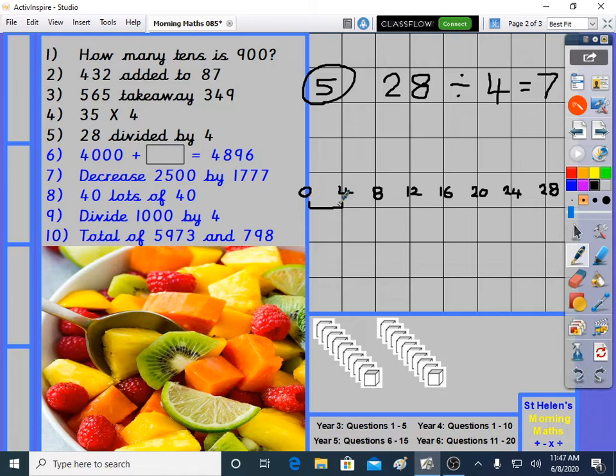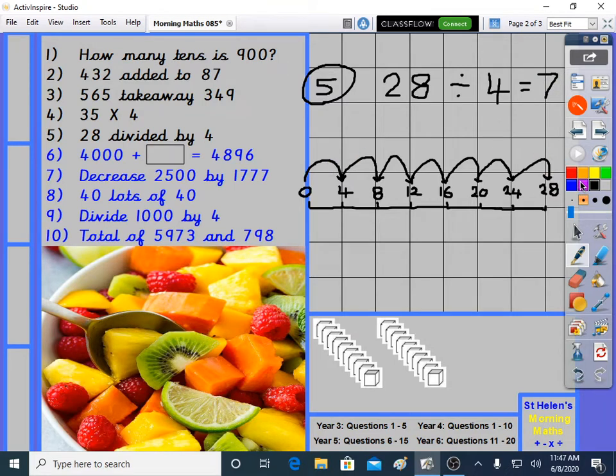So you basically count up in 4s from 0, from the beginning, from silence. So you see how many 4s fit into 28. 1 lot of 4, 2 jumps, 2 lots of 4s, 3 jumps, 3 lots of 4, 4 jumps, 4 lots of 4, 5 jumps, 5 lots of 4, 6 jumps, 6 lots of 4, and 7 jumps, 7 lots of 4. We know the answer was 7.